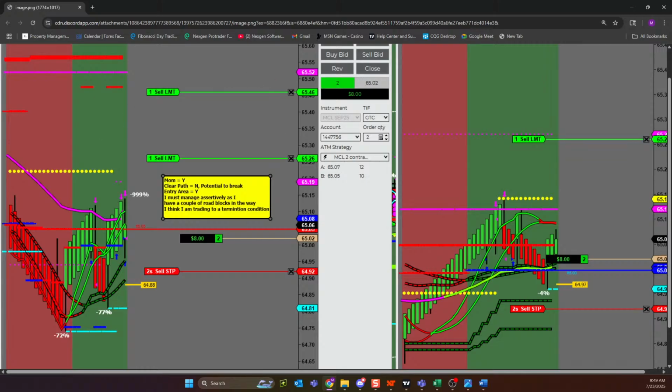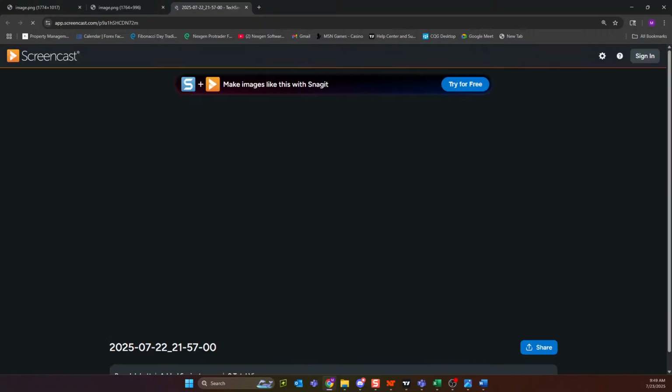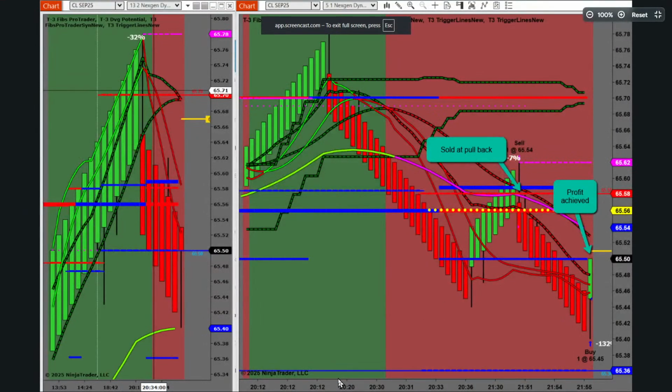Because Victor, when you go back and you look at this chart, will you be able to say my rules were met? That's it. That's all. And the answer is yes. And because your rules are met, you're obligated to take that trade because that's what your plan says. There's no room for your opinion.